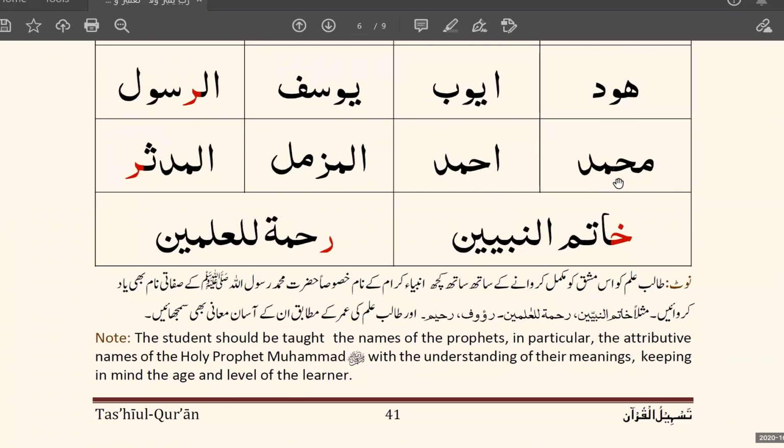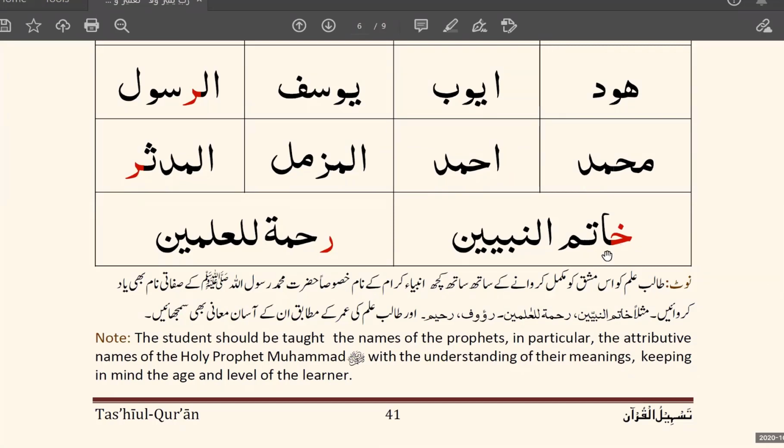Mim. Ha. Mim. Dal. Alif. Ha. Mim. Dal. Alif. Lam. Mim. Za. Mim. Lam. Alif. Lam. Mim. Dal. Fa. Ra.